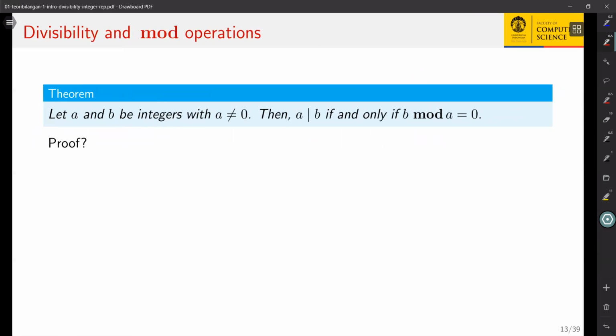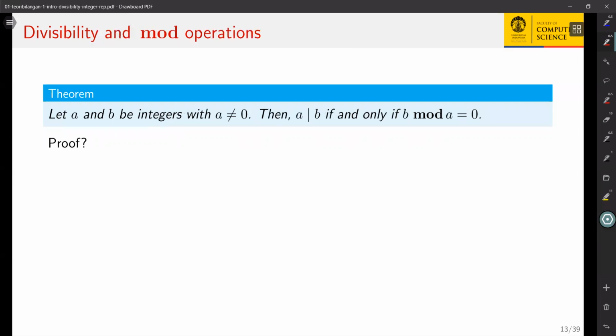All right. So now, if we understand the mod or the remainder operation, there is a relationship between divisibility and the mod operation, right? This is a theorem. If we have A and B, two integers where A is not 0, then A divides B if and only if B mod A is 0, right?